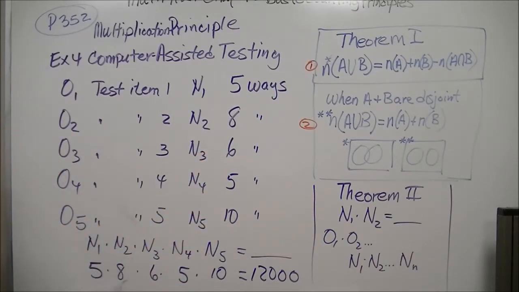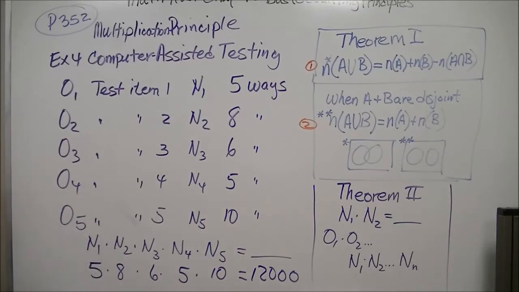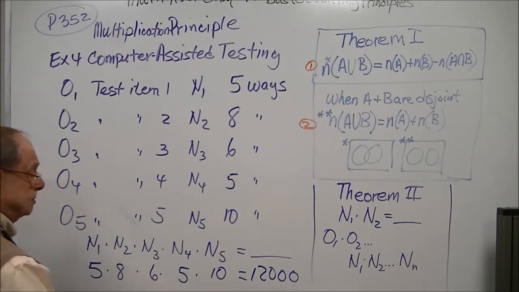So we multiply this times this times this times this, and lo and behold, it tells us we will have 12,000 different tests possible. So even though there's only 5 questions, there are 12,000 possible.